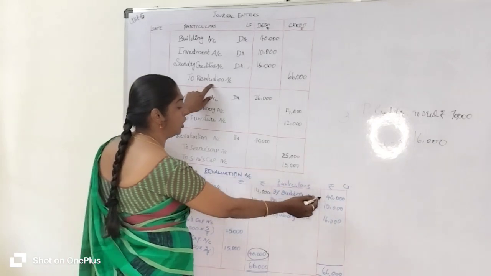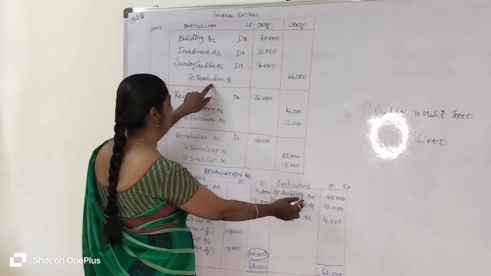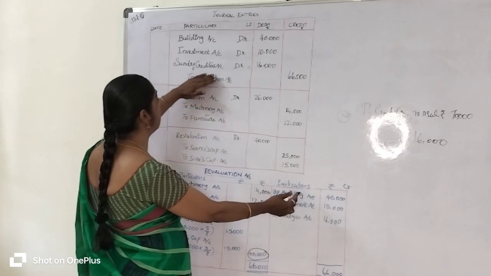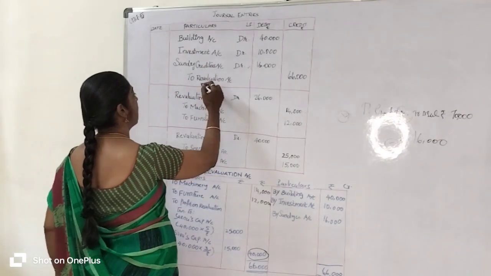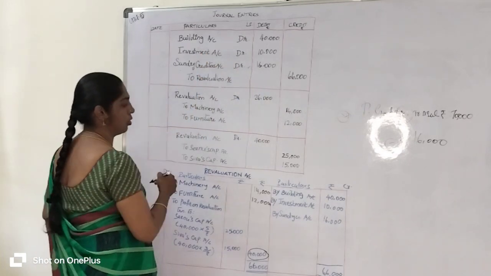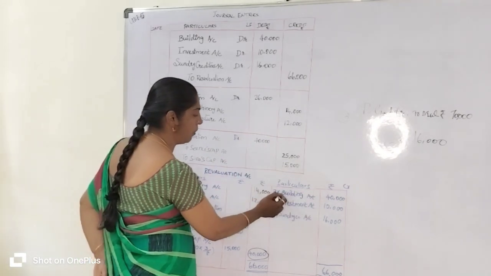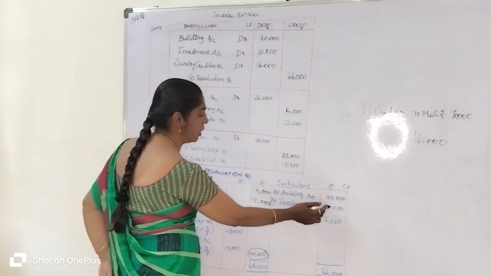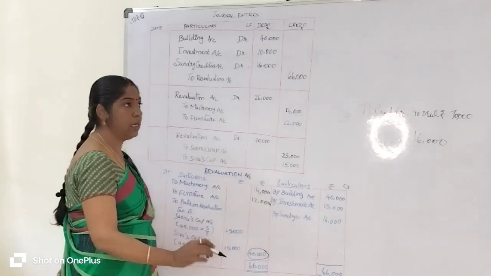So you go to the credit side of the revaluation account. You have to enter the opposite account from the revaluation account. What is the opposite account? Building account, investment account, sundry creditors account. So you have to enter the opposite accounts on the credit side. By building account 40,000 rupees, by investment account 10,000 rupees, by sundry creditors account 16,000 rupees we entered.